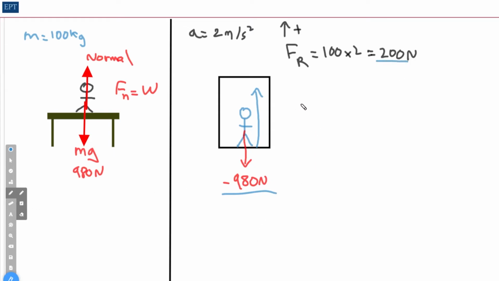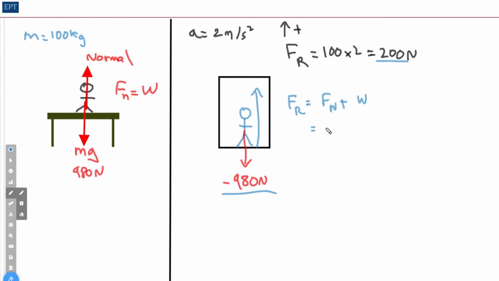So let's work out the value of Fr, the resultant force. It's going to be equal to the sum of the forces. So it's going to be equal to the upwards force, which in this case is the normal force, added on to the weight. Now remember, we've got to take care of our signs here.